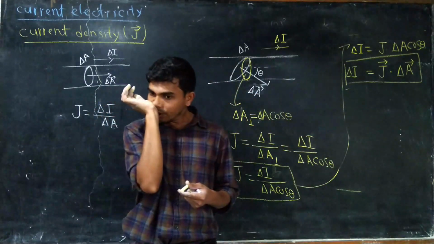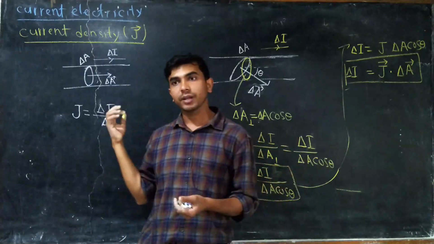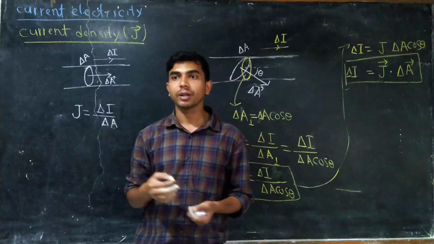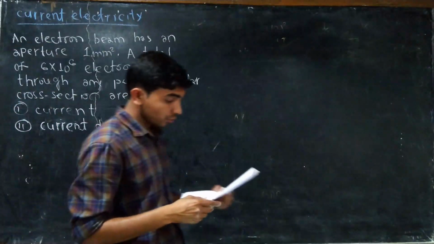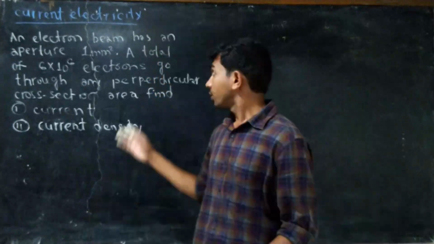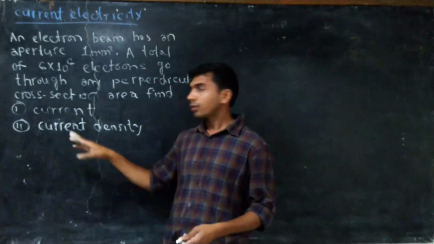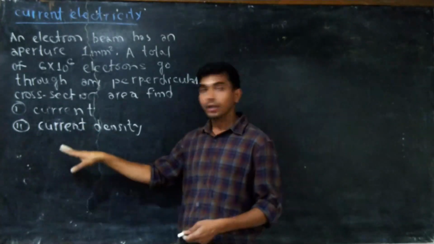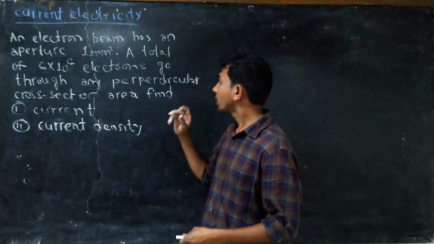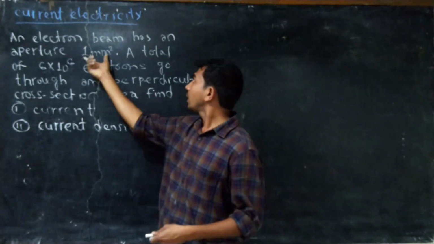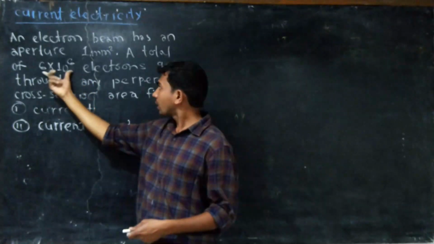Now I'm going to take one more question related to current density and solve it. In this question two things we have to find: one is the current, and another is the current density. What is given in the question? The area is given, and the number of electrons passing is given.